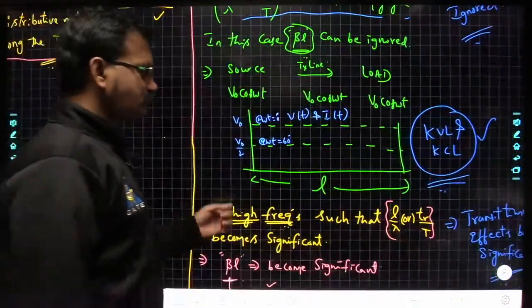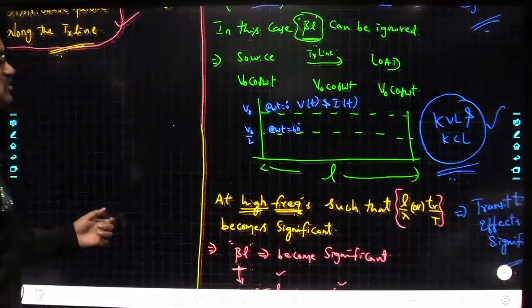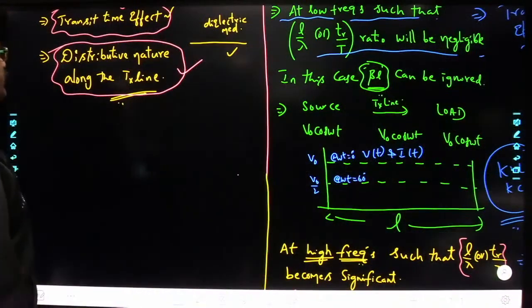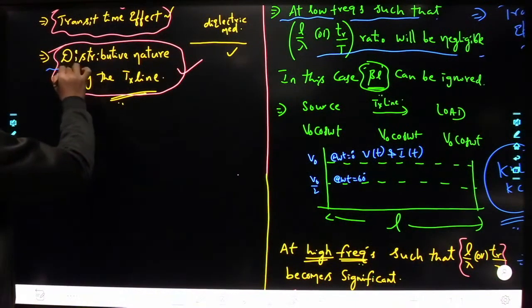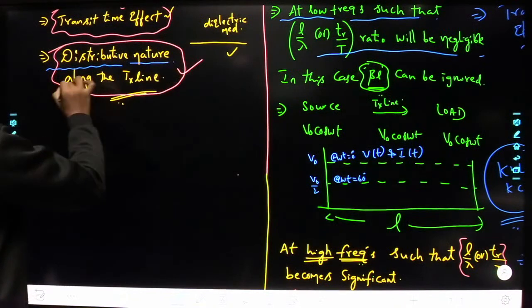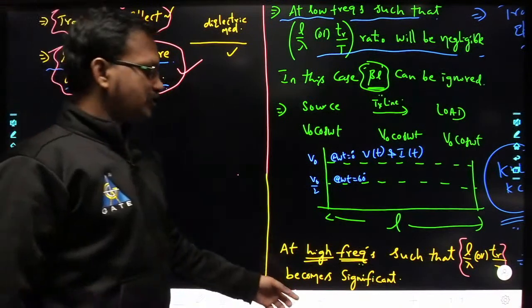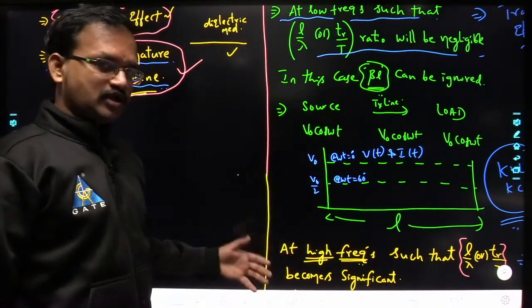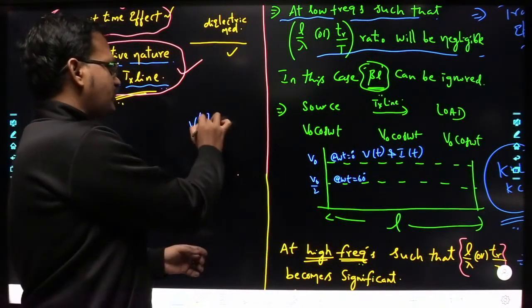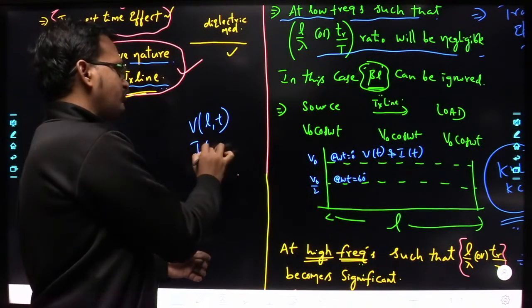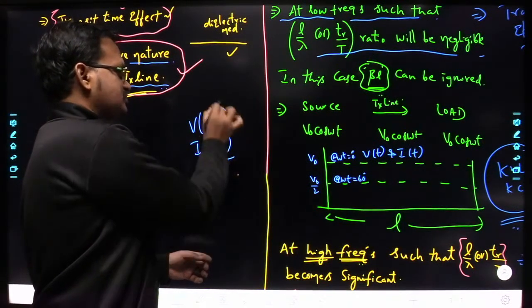So this is all about transit time effects. Next we will see the distributive nature along the transmission line. Whenever we are dealing with transmission lines, the voltages and currents become functions of space as well as time.